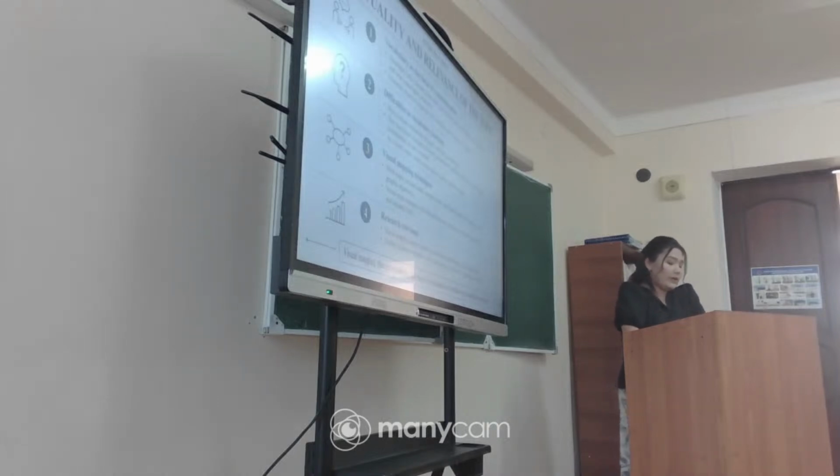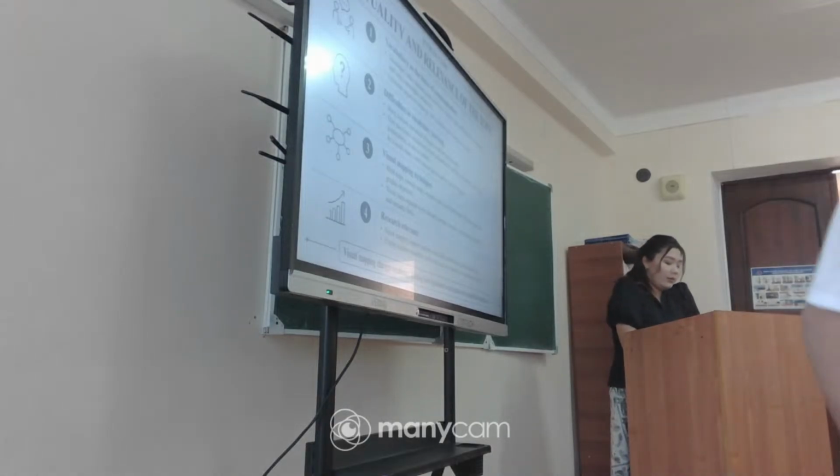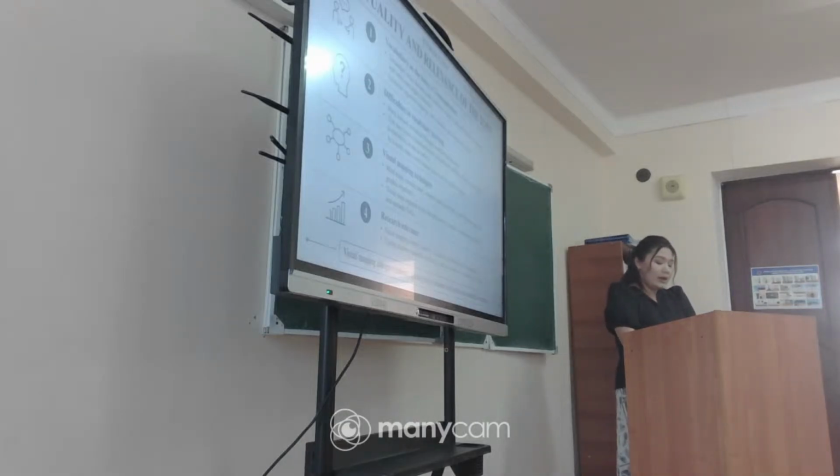Visual mapping is a technique that organizes information using diagrams, images, and connections. It helps students understand information easily, remember words longer, and make connections between ideas.